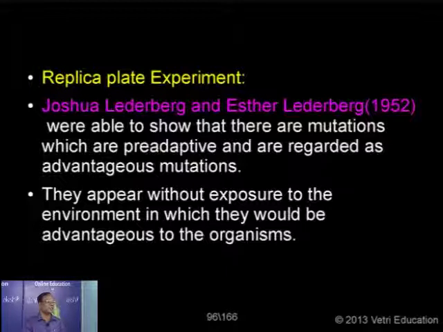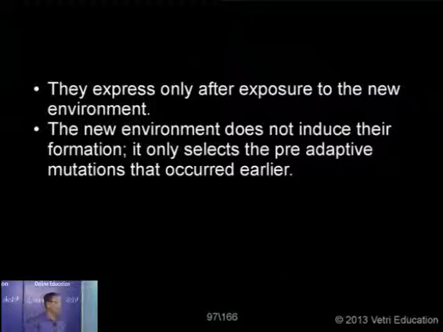So without exposure to the new environment, the adaptation already happened. Now, when the organism is exposed to the new environment, what would happen? These mutations are expressed only when the organisms are exposed to the new environment. Otherwise, they would not be expressed.